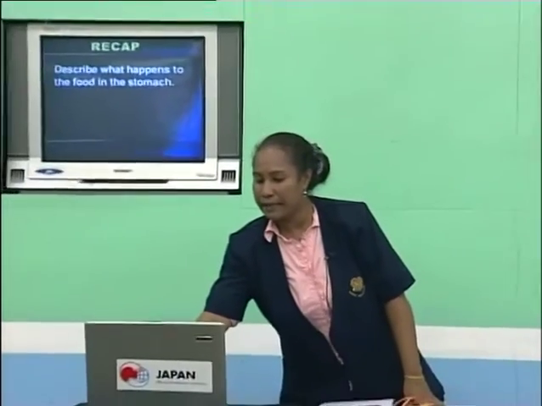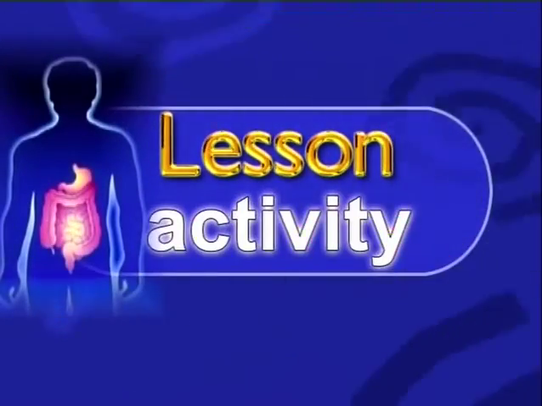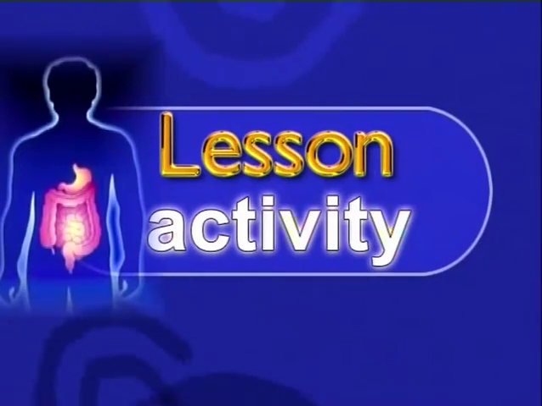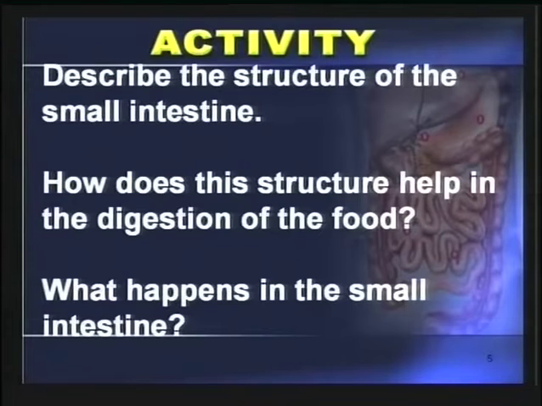Now, class, looking up here, we will go through the main part of our activity for today. Right, in today's activity, we are going to describe the structure of the small intestine, and we are going to look at how this structure helps in the digestion of the food, and what happens in the small intestine.